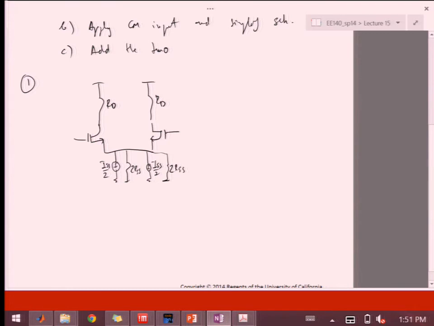On one end, I'm applying a superposition of VIC plus VID over 2. And on the other, I'm applying VIC minus VID over 2.